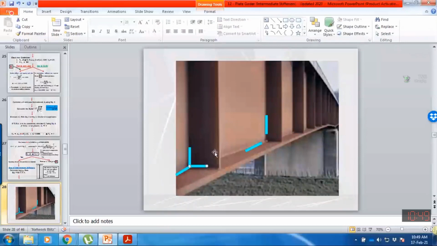If all the welds meet at this one point, actually this weld is designed to resist the shear between web and flange, which is very large, and this weld is provided to transfer the forces from the flange to this stiffener, and this weld is designed to transfer the shear forces from the web to this stiffener. So actually, this web is subjected to larger forces.